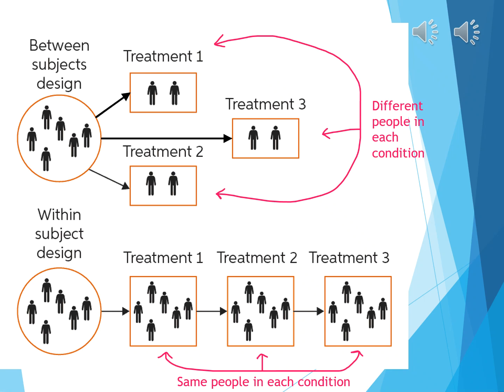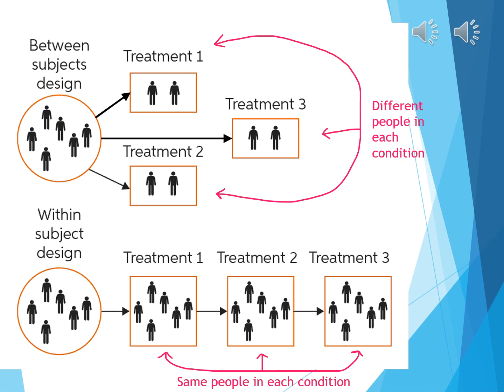Treatment 3 was cognitive behavioral therapy. Again, another separate group of people that you've pulled from your sample, and then you compare the average anxieties between those groups, versus the within subjects design, where you're comparing the average anxiety from different conditions, but it's in the same people.